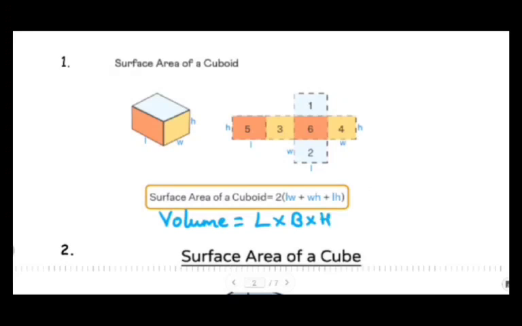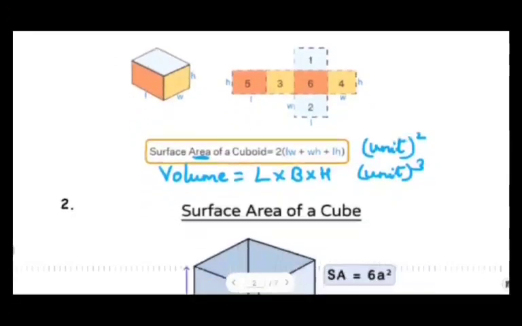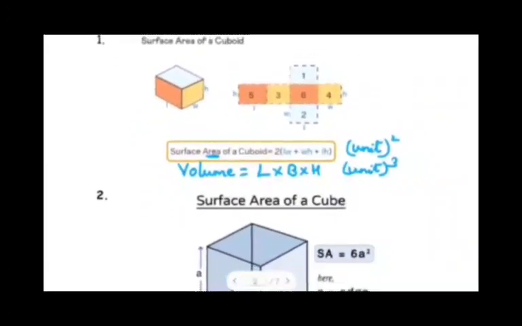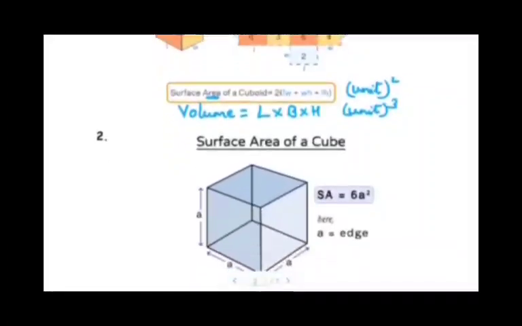Okay, what was the unit for surface area? It was unit square. Area will always have a square in its units. Okay, and for a volume, it's going to be unit cube, simply because they involve 3 dimensions.